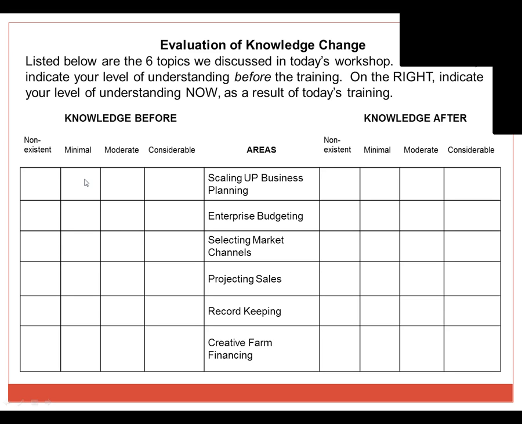I came in and I had a minimal level of how to scale up a business using planning or how to do enterprise budgets. And at the end, I have a moderate or I have considerable. So that's a neat way of at least capturing some knowledge gained as a result of the workshop.